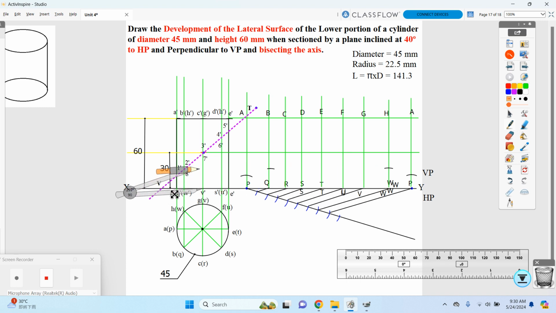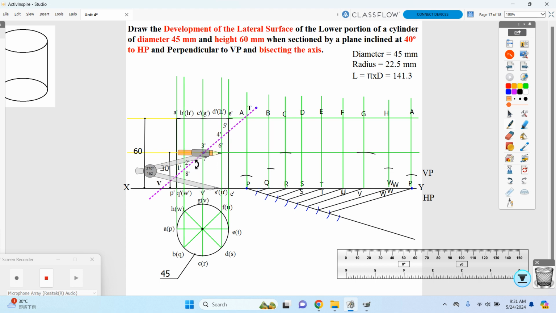Then once again keep it on the axis, measure the distance, keep it on R, cut an arc, and over here also cut an arc. So you can see it is clearly cutting your bisecting condition.